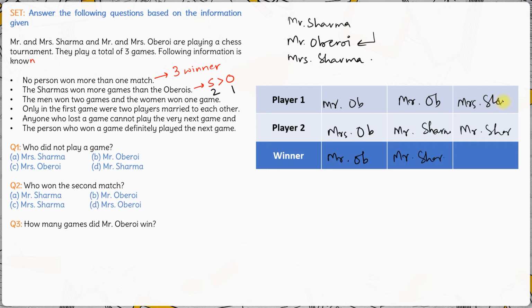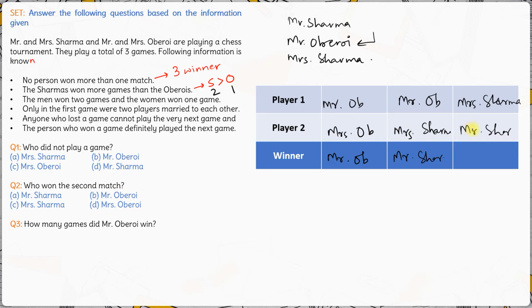So she will have to play at least one match. But now there is one more couple playing the third game, which is not possible because only the first game was played by a couple. So it is not possible for the first couple to be the Oberois.